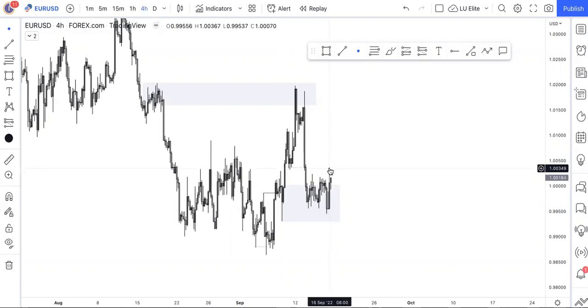Because a range is the best way to create that manipulation. So we have the consolidation, the manipulation, the false move, right? And then we have the distribution or the accumulation, right? So a range is one of the best ways to do that. That's why we trade ranges. That's why it's a good way to see it.